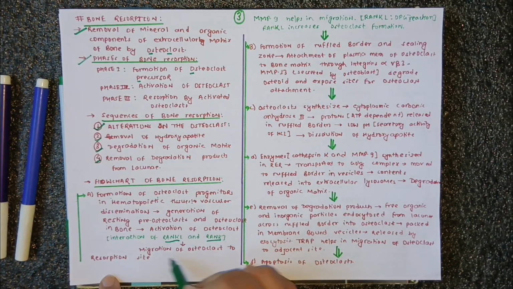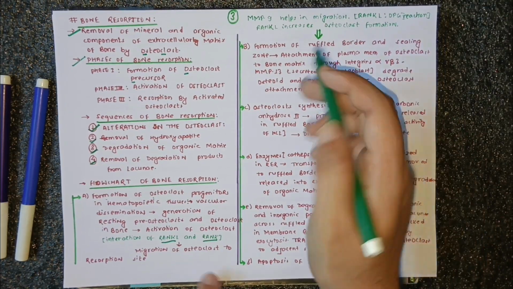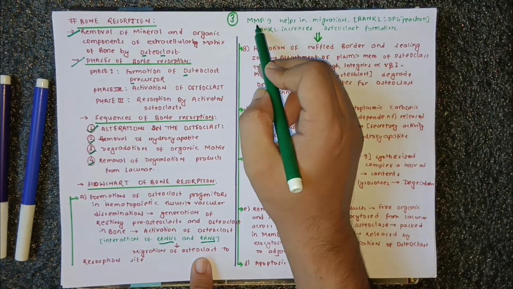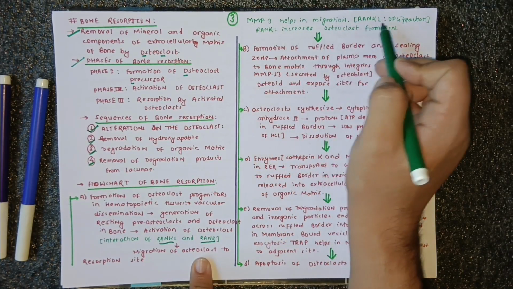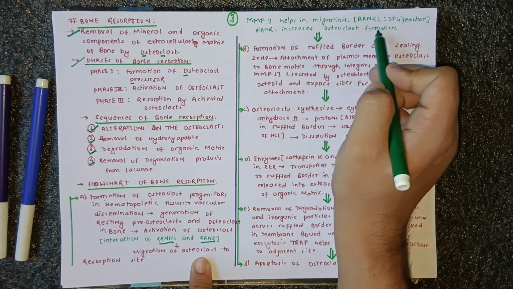After that, the migration of the osteoclast to the resorption site. Another chemical, MMP9, helps in migration. RANK-L to OPG is a reaction, and RANK-L increases the osteoclast formation.